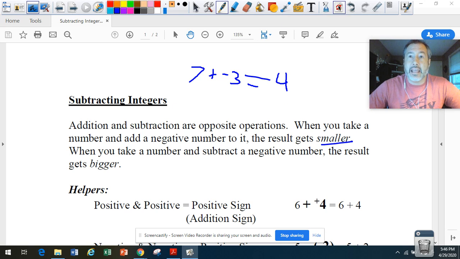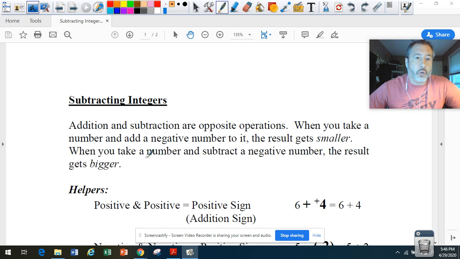And then we also said, when you take a number and subtract a negative number, the result gets bigger. What do we mean by that? Here's what they're saying with this. If I take -7 and I subtract a negative from it, we'll do -3, my answer is going to get bigger.